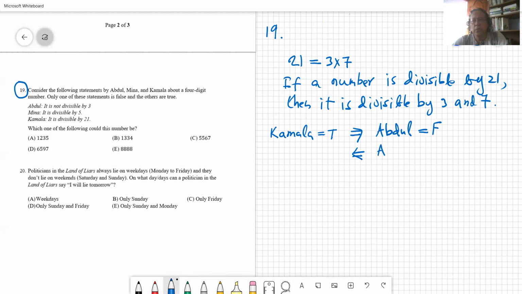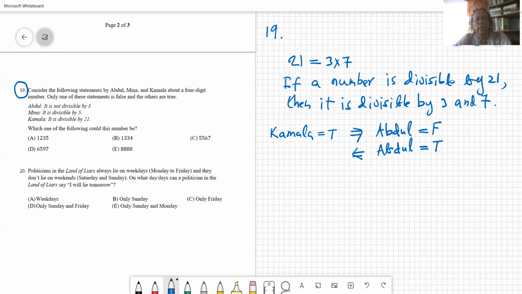So if Abdul's statement is true, that means the number is not divisible by 3. Now, in that case, the number could be divisible by 21 if it is also divisible by 7.